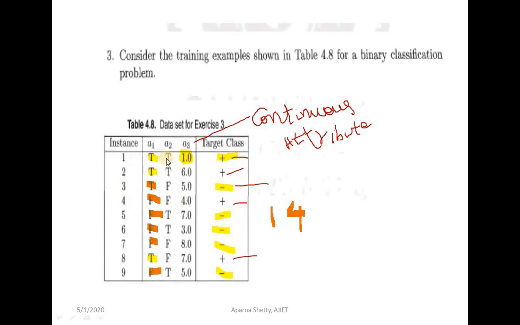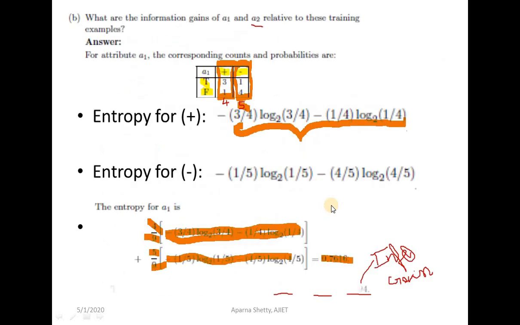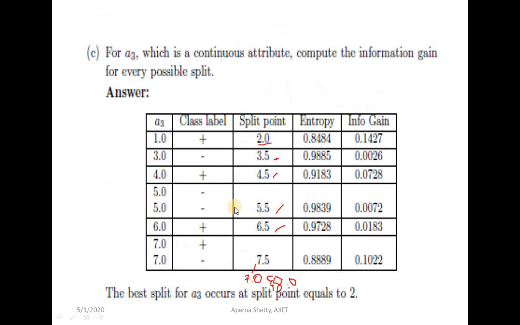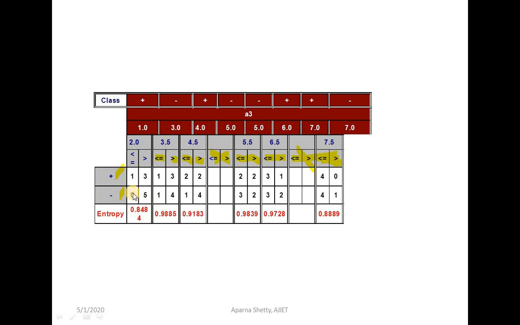If you see this table, can you find values less than or equal to 2.0 that belong to class minus? There is no such value, correct? So this count will be 0.